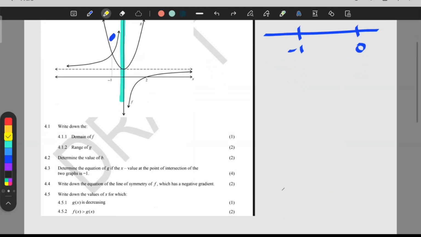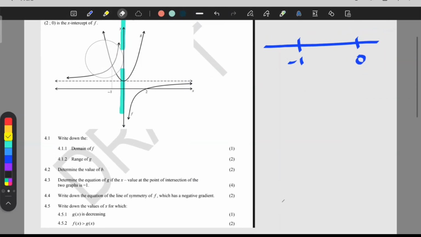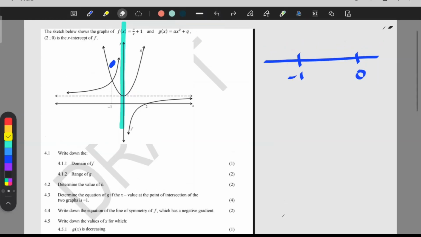Okay, let me just make my point of intersection there. So from here to the point of intersection, the hyperbola is below the parabola. So below.